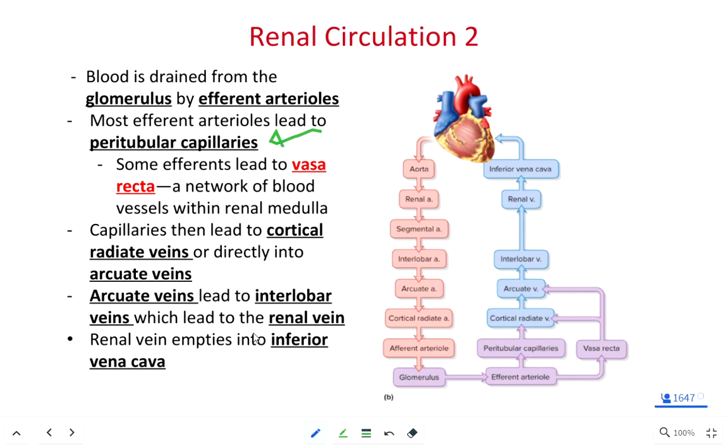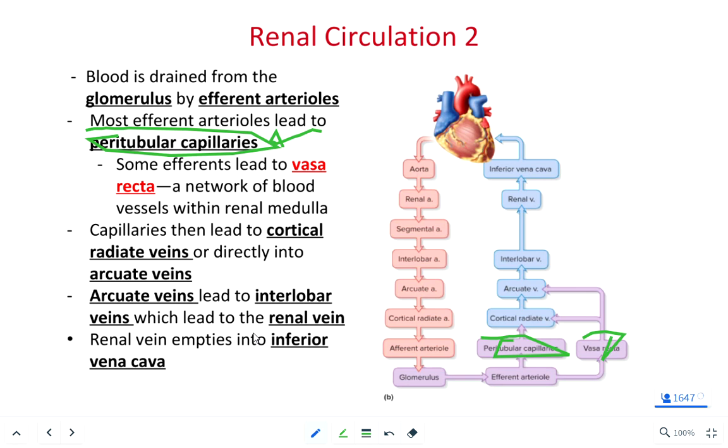This is the most common one. So peritubular is by far the most common. But sometimes, in a minority of the situation, instead of that efferent arteriole connecting to peritubular capillaries, that efferent arteriole is going to connect to another capillary bed known as the vasa recta. So the efferent arteriole can go either to peritubular or vasa recta capillary beds.